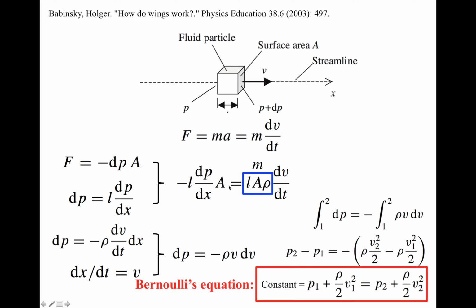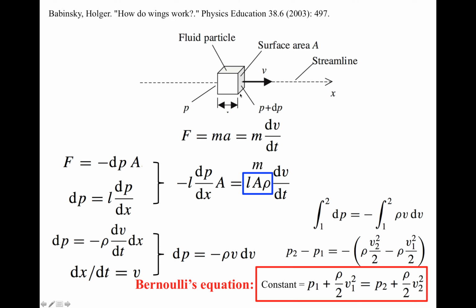It's still going to be equal to m times acceleration, and acceleration is dv over dt now. And what's going to be the mass of the fluid particle? The mass is the density multiplied by the volume of the particle. Let's assume the density of the fluid is just rho.